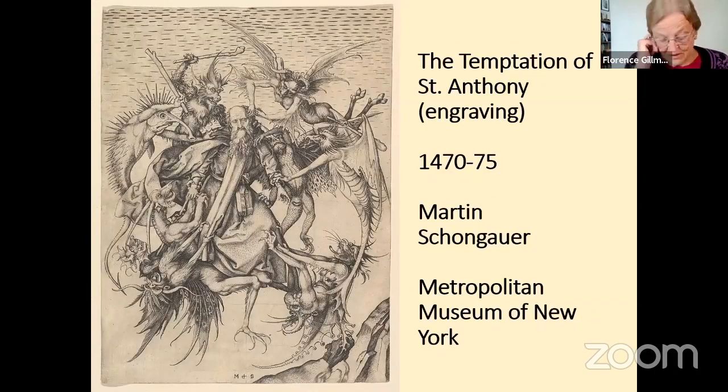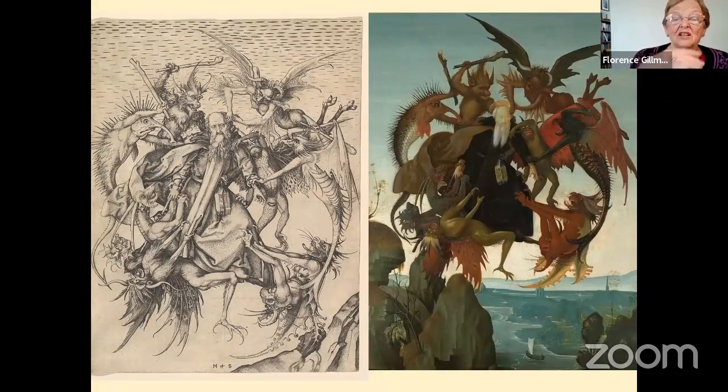But here's the really interesting part. Michelangelo was given, or shown, this etching by Schongauer that had been done a couple decades earlier, which is The Temptation of Anthony, and the Metropolitan has this in New York. So Michelangelo was just a young boy. He was just a teenager, and he was told to paint the scene on the basis of the etching.